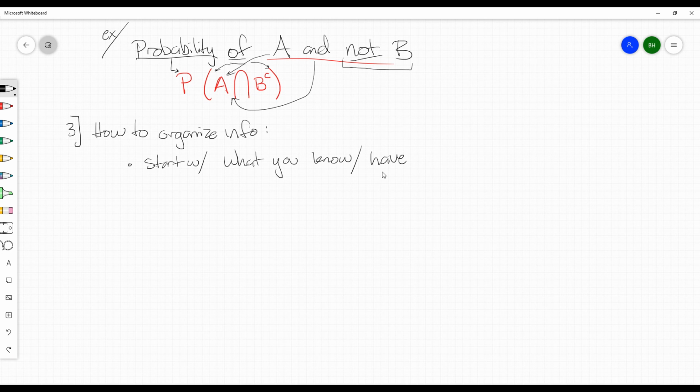So when we start doing that, how do you organize your info? Start with what you have, whatever that value is, whether it's the number of cards, marbles, money, whatever your total number is.